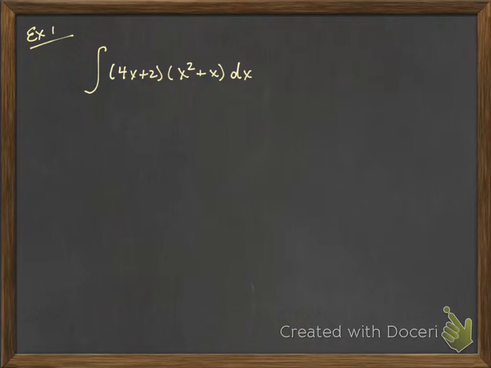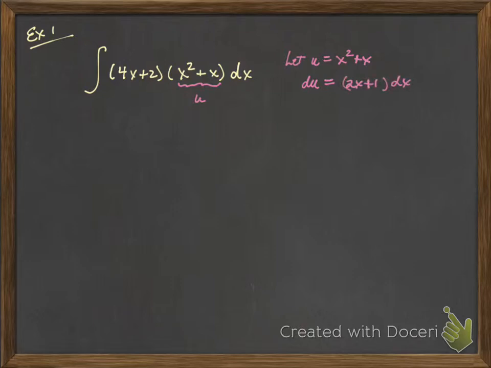So my temptation is to call this right here my u. Let u be equal to x squared plus x. This means du is equal to 2x plus 1 dx.